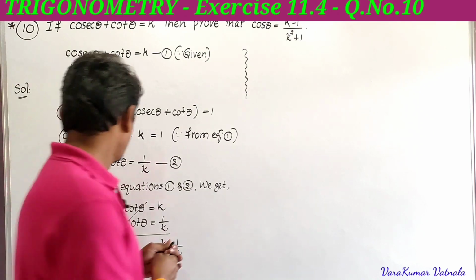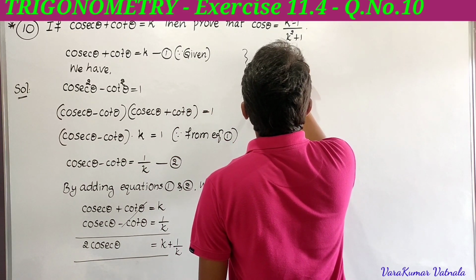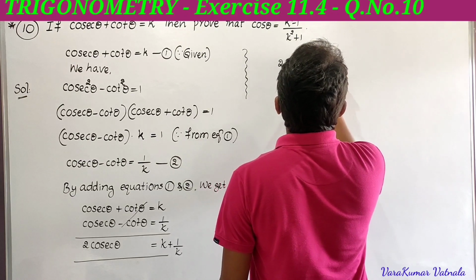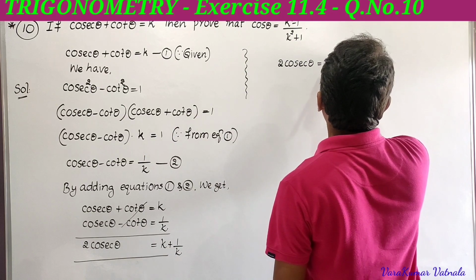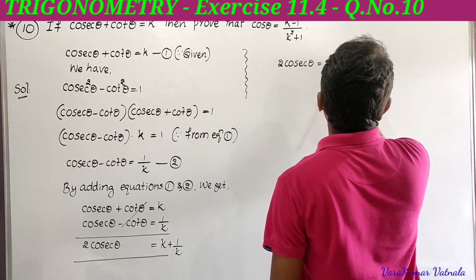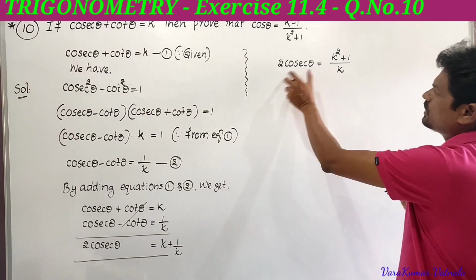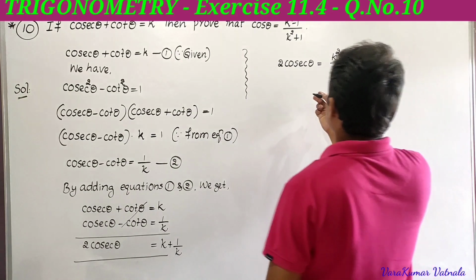So see here what we get, 2 cosec theta equal to, find LCM here, k into k we get k square plus 1 by k. So k square plus 1 by k is 2 cosec theta. Take 2 to the right side, we get cosec theta value.